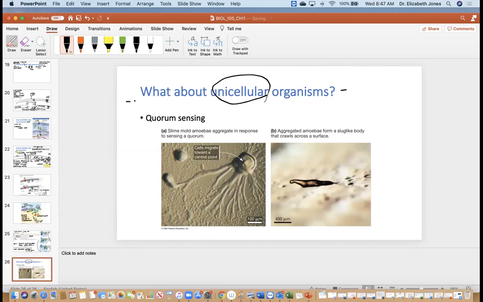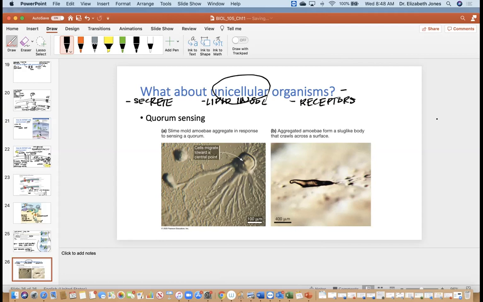So they are going to secrete substances, okay? Often these are going to be water soluble or lipid insoluble substances. That means there's going to have to be receptors on the surface of the cell. So a lot of this is the same, okay?